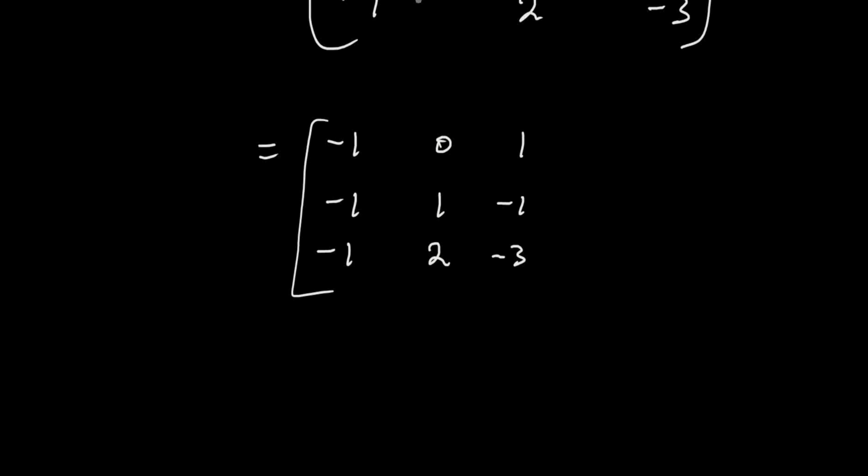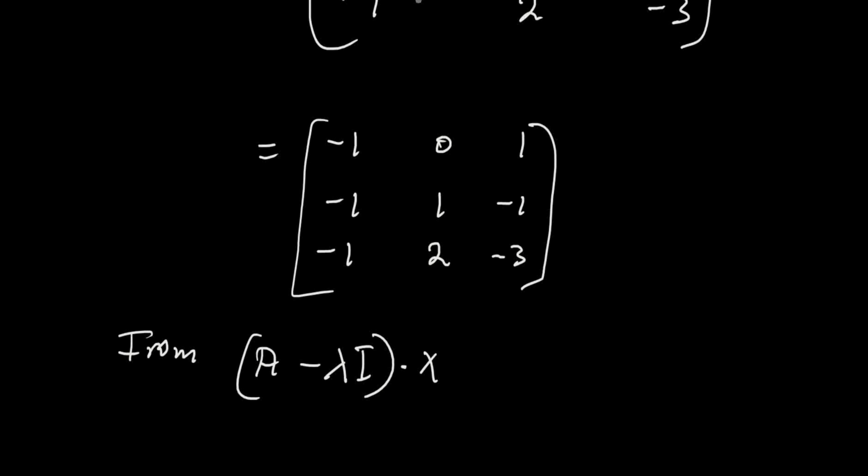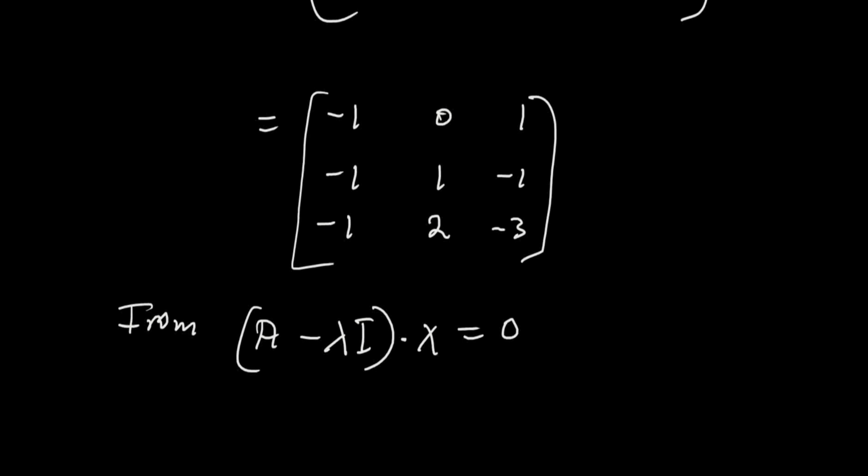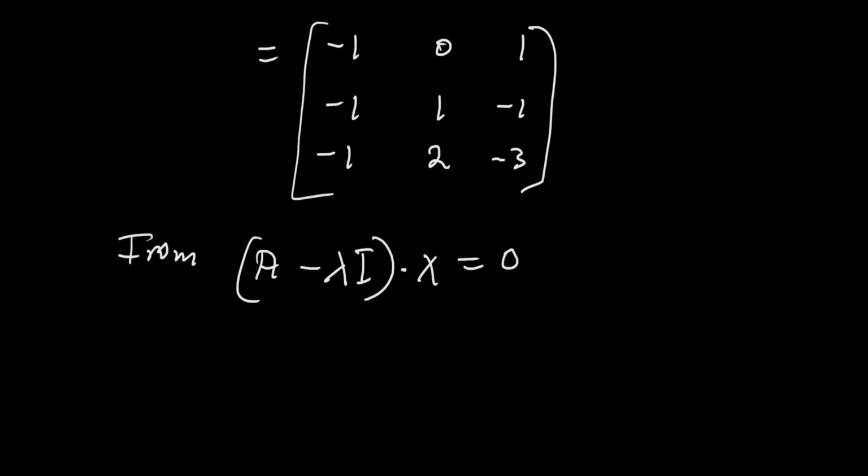Put this in parentheses. Now from A minus lambda I times x equals 0. We can pick the first row.